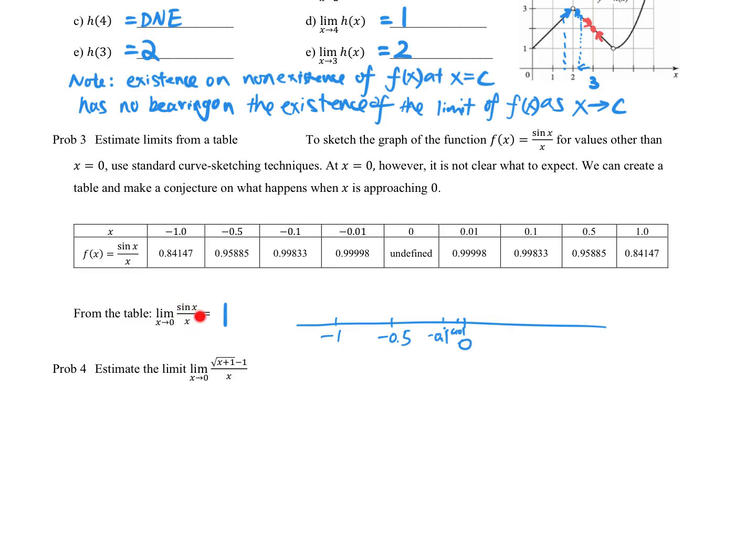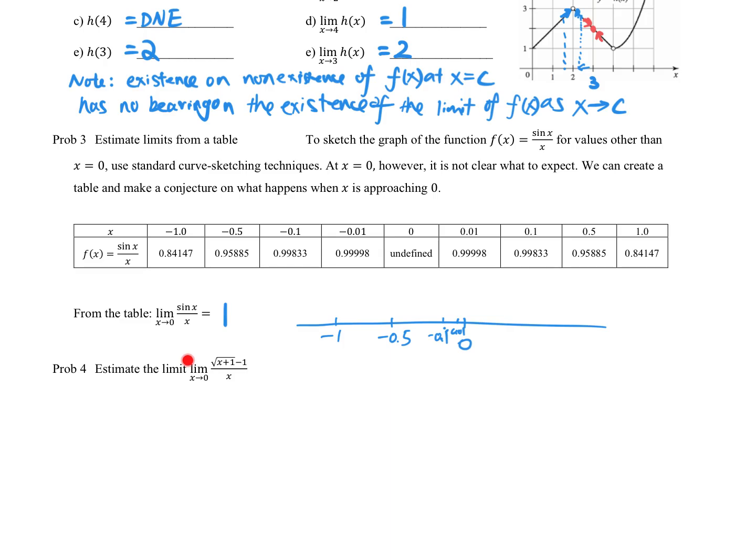This is pretty interesting to see, and then make sure that when x is approaching 0, the y value is actually approaching 1.